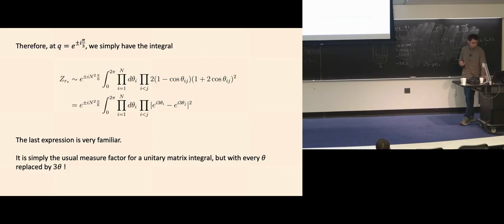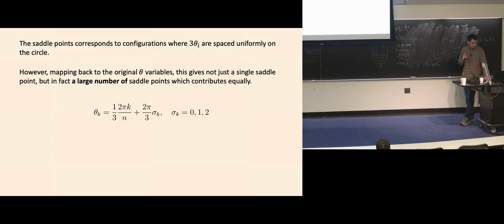So in that language, these are in fact not valid saddle points. The fact that you have this large number of saddle points translates into the rho of theta language as that problem having many, many zero modes. If you decompose the rho of theta into Fourier modes, rho of n, only the modes with n that is a multiple of 3 are massive, while all the other modes are zero modes. So in that language, they are not truly saddle points, and you need to integrate over all these zero modes.